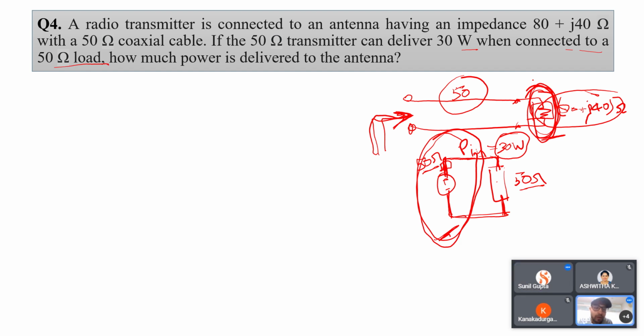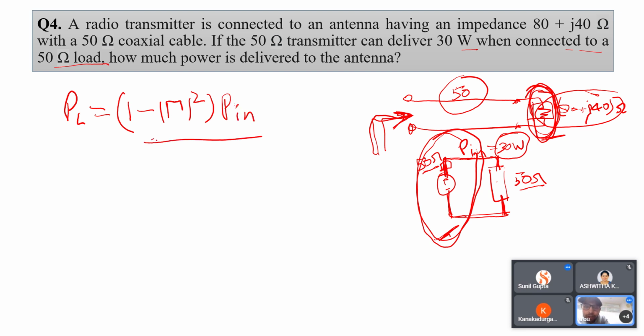Yes, sir. Okay, so for calculating load power in this question, you have to use the relationship PL is equal to 1 minus gamma square into P in. By using this relationship you can find the value of load power.